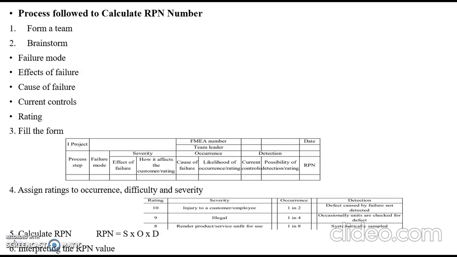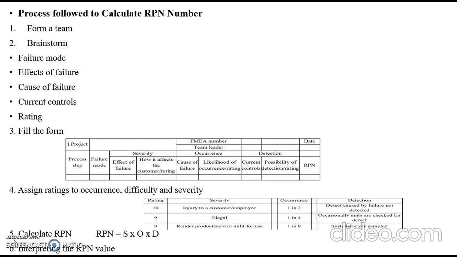And the next is the process followed to calculate the RPN number. RPN is risk priority number. It is a mathematical product of the seriousness of the group of effects, that is severity; the likelihood that a cause will create the failure associated with those effects, that is occurrence; and an ability to detect the failure before it gets to the customer, that is detection.